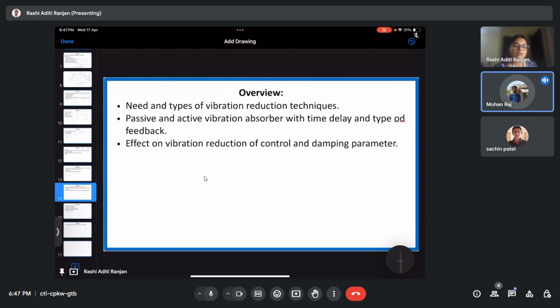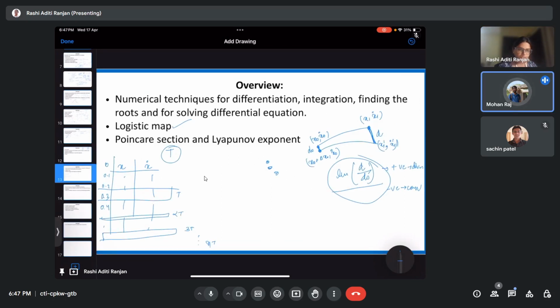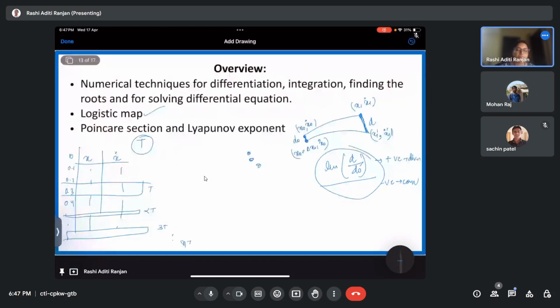Madam, in Poincare section, for experimentally measured data, if it is pure data, actually there will not be any issue.